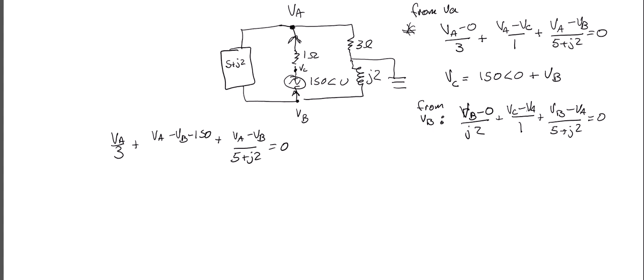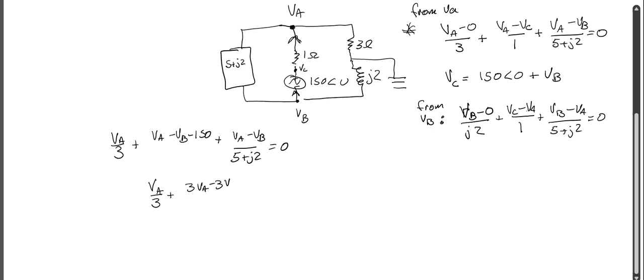So one thing that I decided to do was, because of the way it was set up, and I can't guarantee that yours is going to be the same way, I could get things on two sides of the equal sign and cross multiply, and you'll see what I mean by that in a second. So I can write this as VA over 3 plus 3VA minus 3VB minus 450 over 3 equals minus VA minus VB over 5 plus J2.